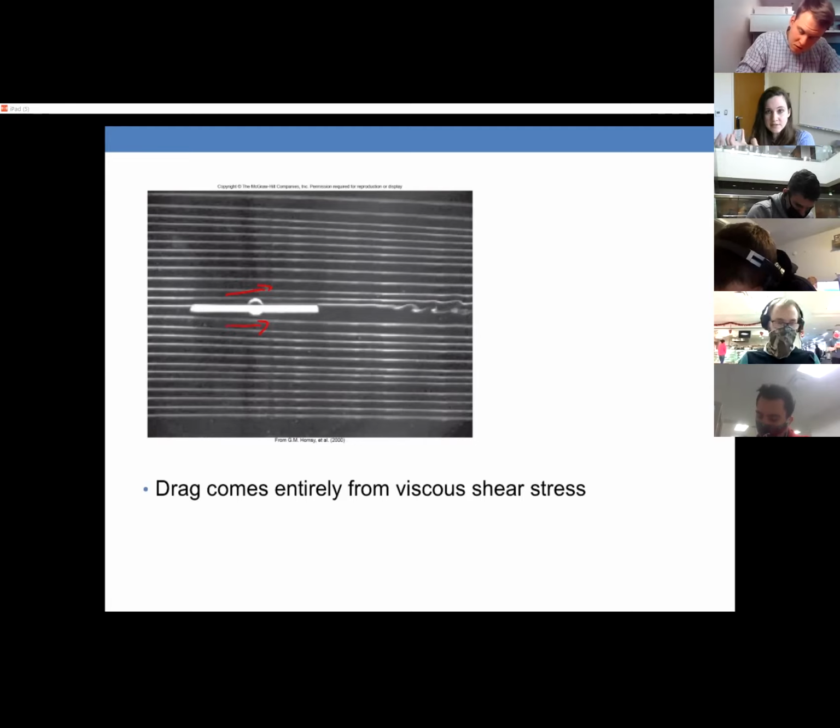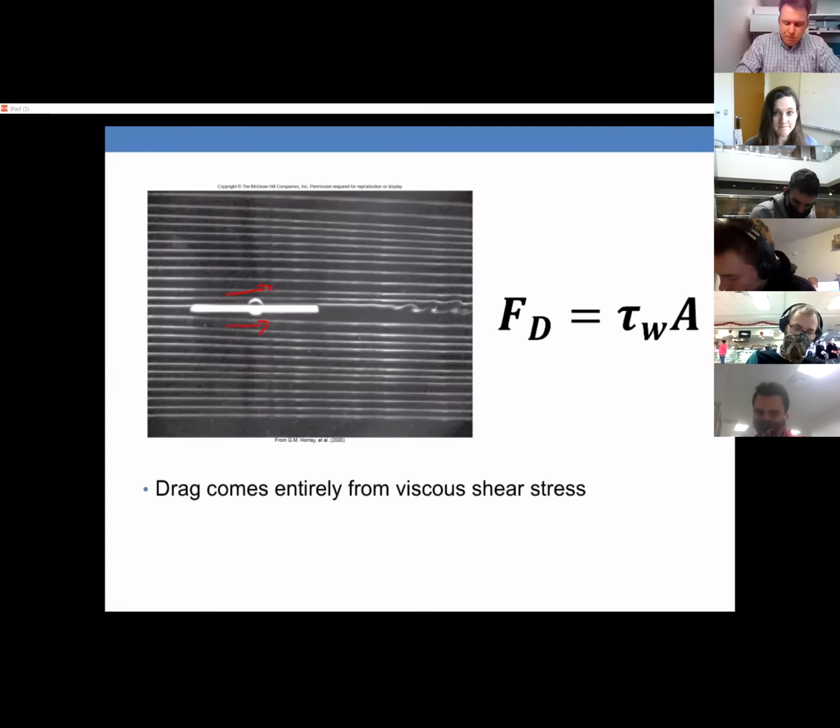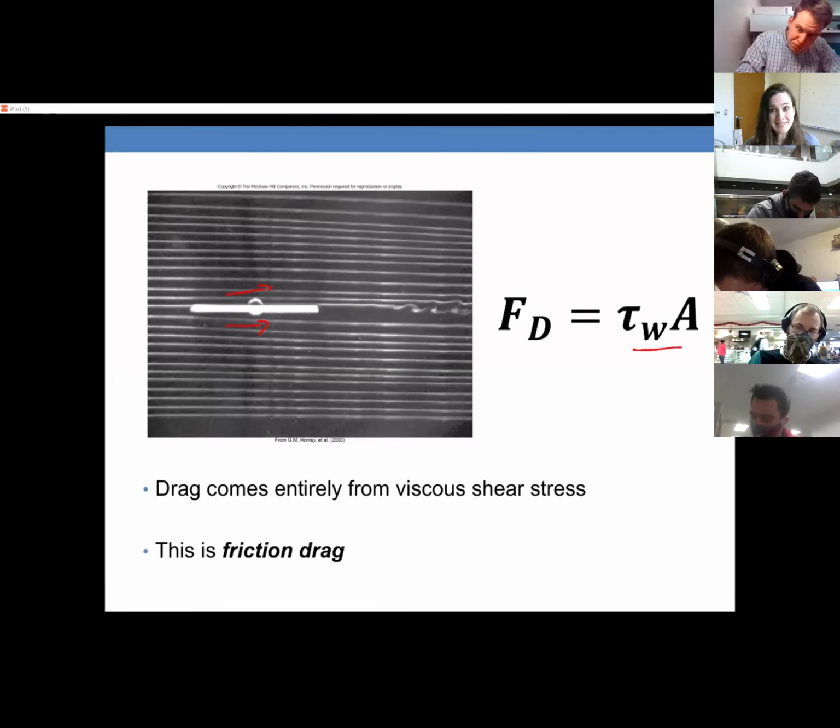And we said that viscous forces were dragging back on that moving plate. So this is the same thing. You have flow going past this flat plate. The viscous forces on it will create drag. And the force would just be the shear stress times the area. Okay. This kind of drag is called friction drag.